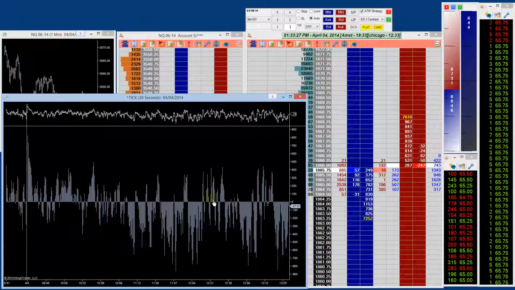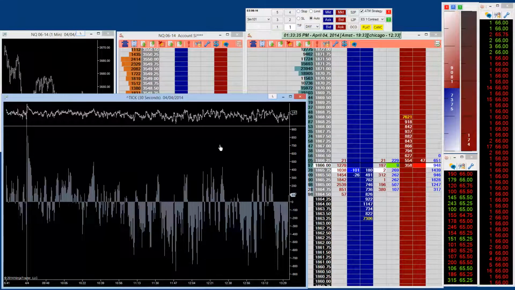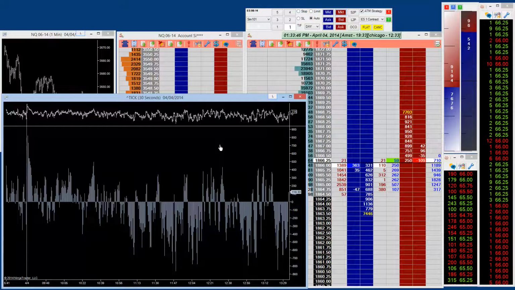Now, the E-mini S&P 500 is an index of 500 stocks. The NYSE tick actually represents, like I say, about 3,000 stocks. There is an S&P 500 tick. Okay.